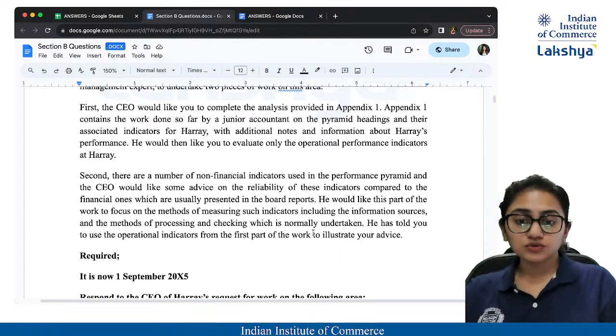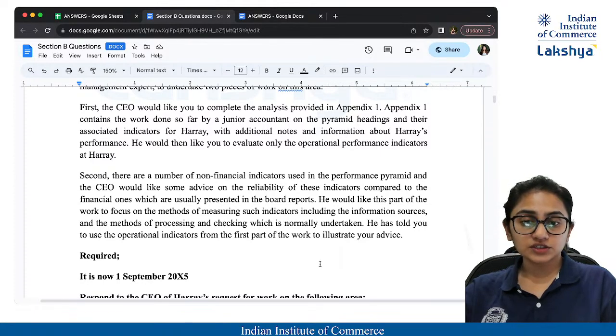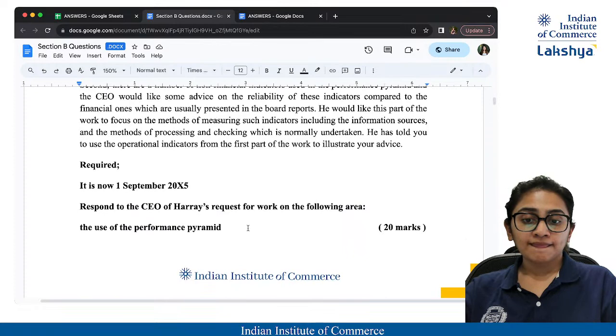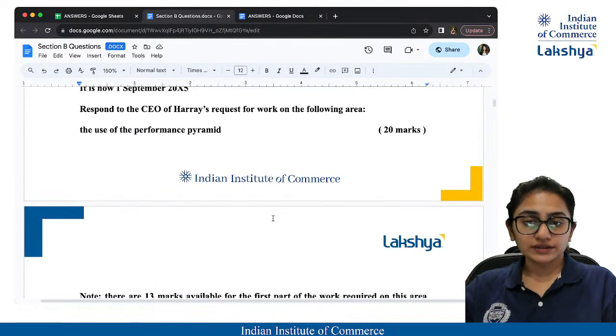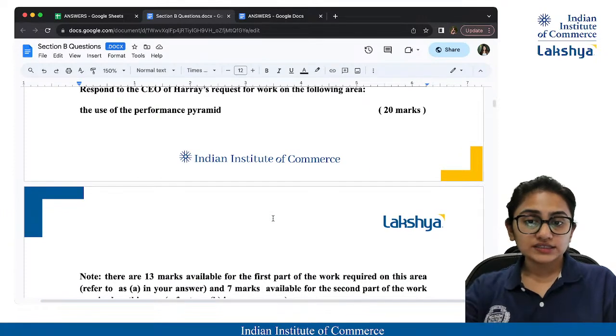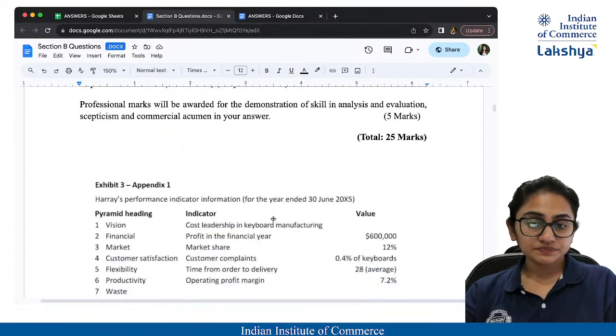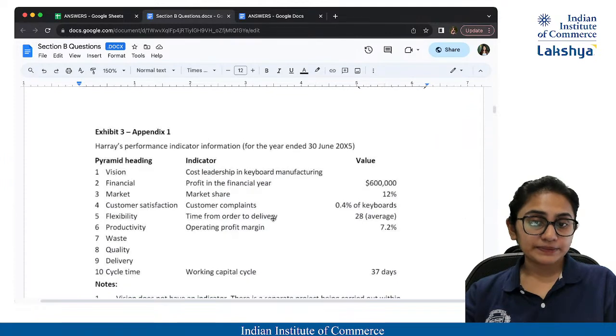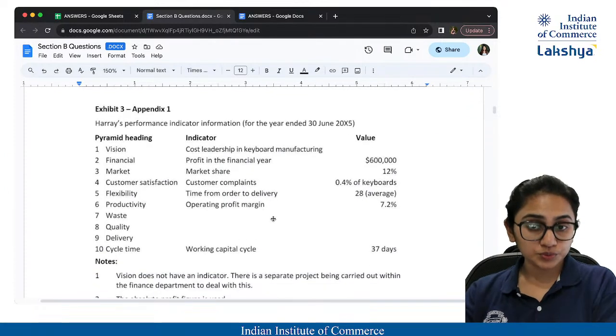He has told you to use operational indicators from the first part of work to illustrate your advice. Respond to CEO of Harry's request for work on the following area, that is the use of the performance pyramid. So this is the appendix that they are telling us to view.